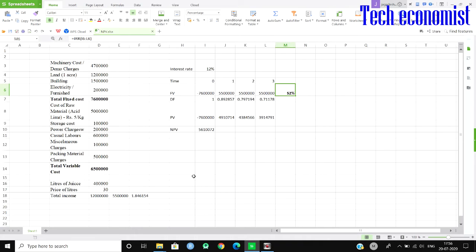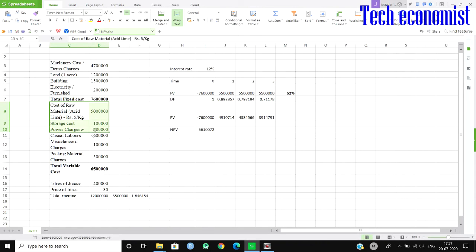For the estimation, I have taken processing units, and for establishing an industry there are some fixed variables which are needed. So I have taken the machineries, land, building, electricity, furniture, and all the things which are fixed in nature. You can take it as fixed cost, and I've calculated the total fixed cost.